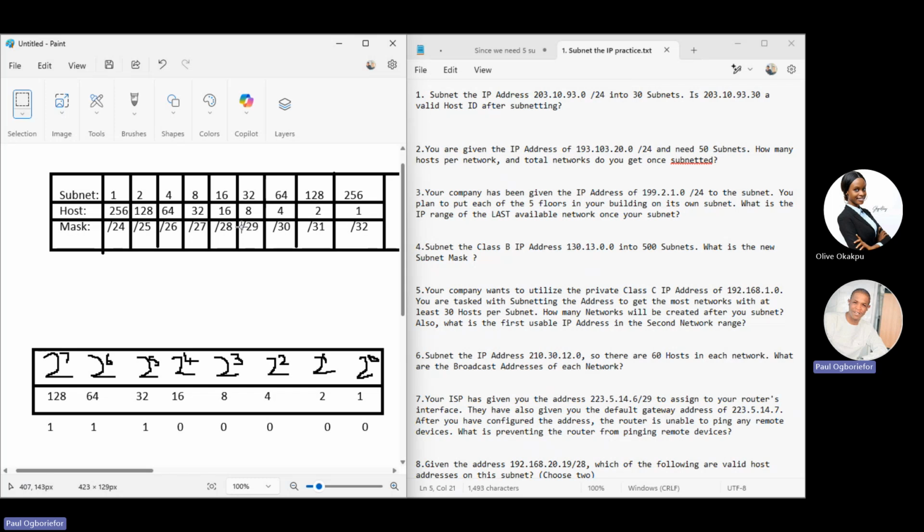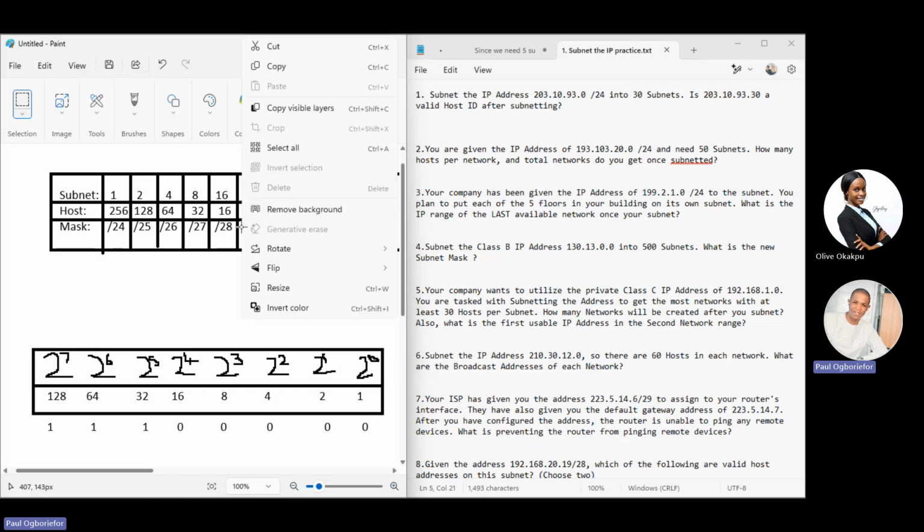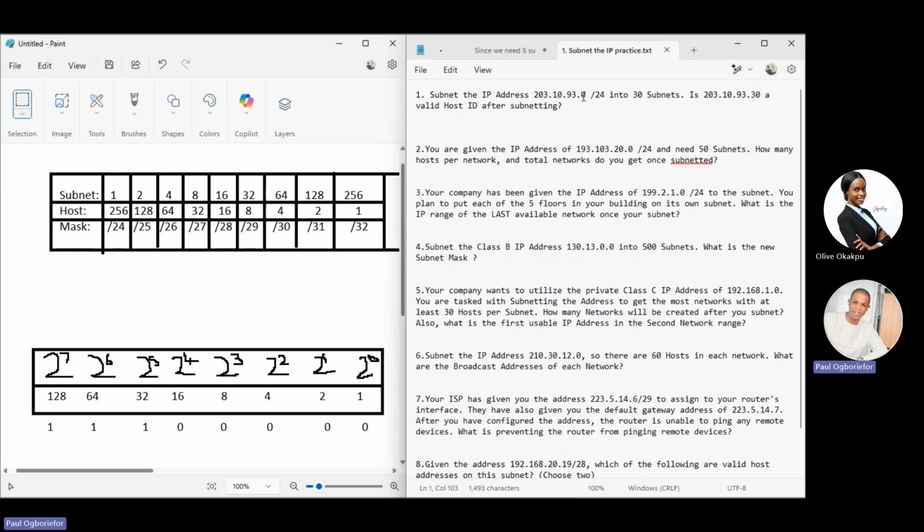It is the first number that always begins, in this case 203.10.93.0. This 0 in particular is the network ID, so it is not assignable. You start assigning from 1.